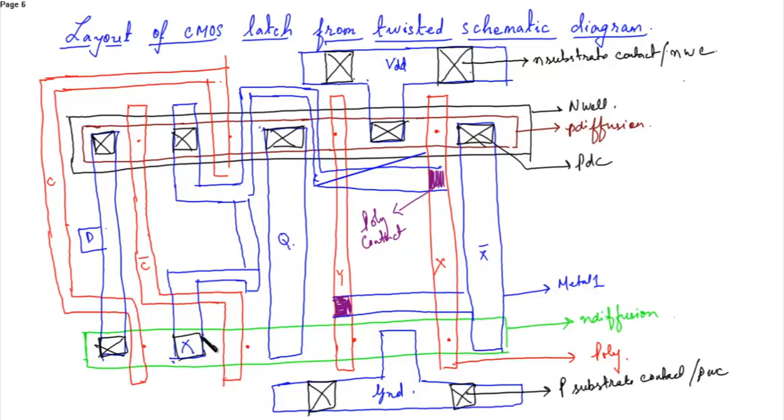Similarly, over here you have to place N diffusion contact. This is your NDC contact. This is the layout of your CMOS latch.